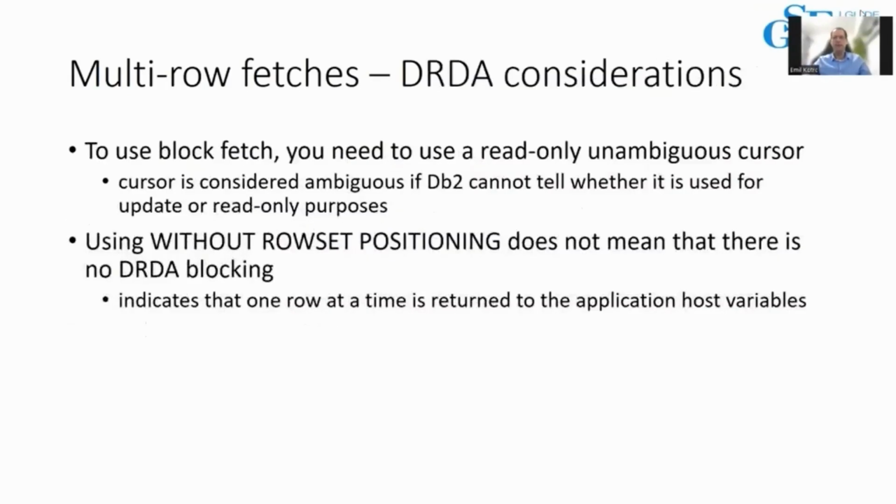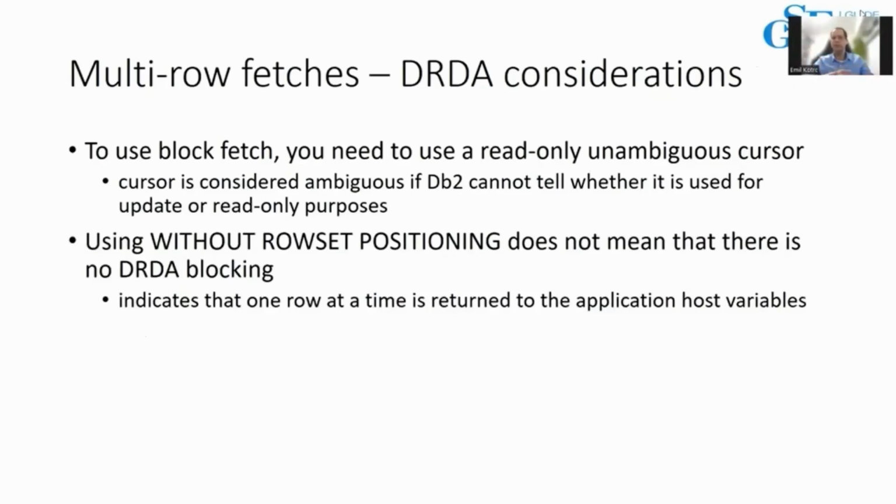Similarly for DRDA, you need to think about the block fetch. DB2 uses some technique to fetch more data. In order to use this block fetch, you need to use a read-only unambiguous cursor. Ambiguous cursor means that DB2 cannot say if it's for read-only or for updates also.